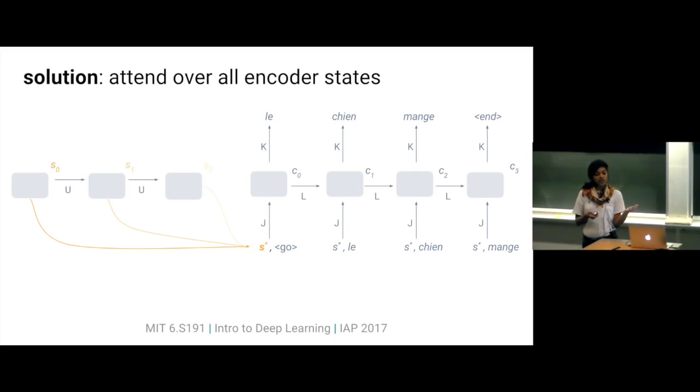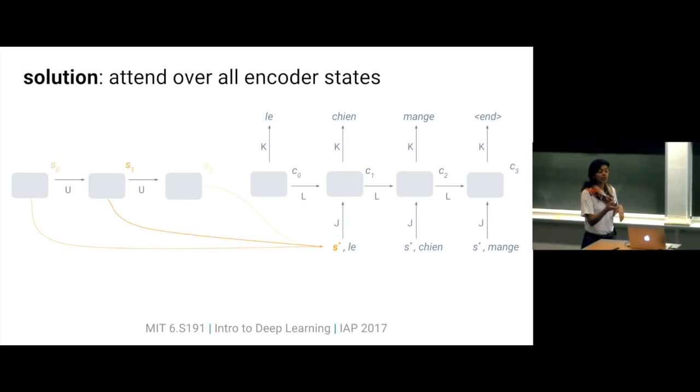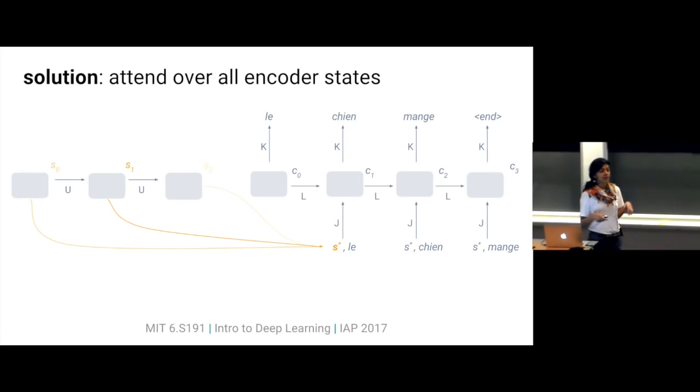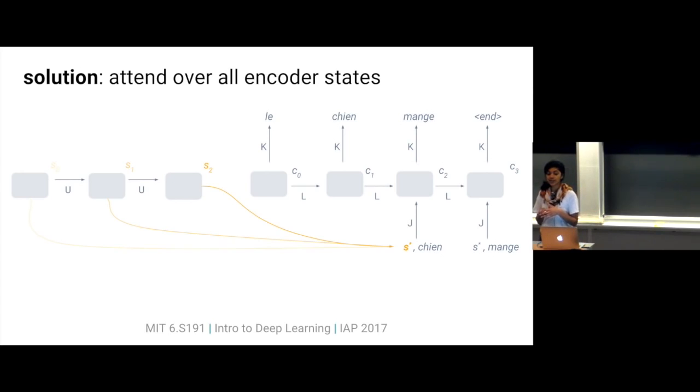So in this case, if we're decoding the first word, we might choose to put most of the weight on the first cell state from the encoder, because that's probably what's most relevant. Then when we're decoding the second word, we might put most of the weight on the second cell state, but maybe a little bit on the first cell state because that might tell us the tense or the gender of the word at time 2, and so on and so forth.